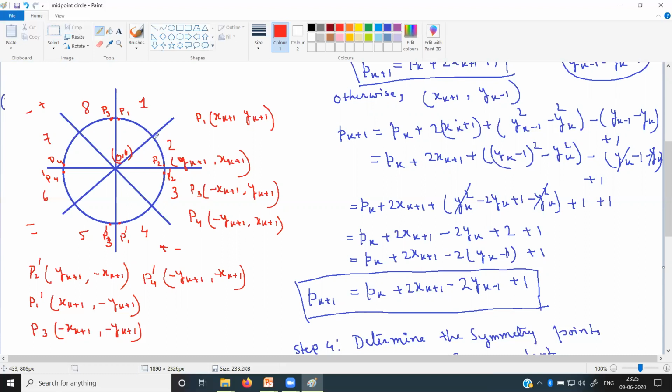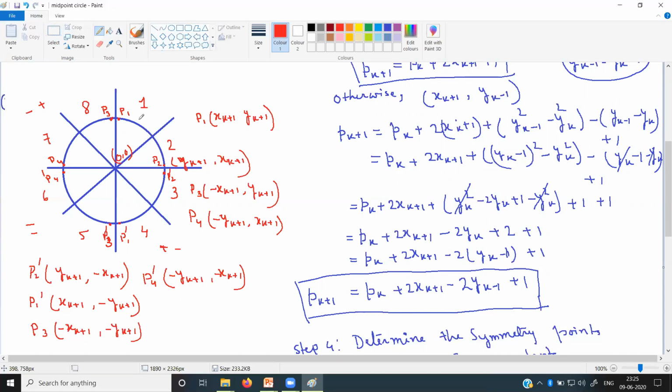But before the point on the line which is passing through the origin, all the x values are less than the y value. After that point, all the x values will be greater than y.